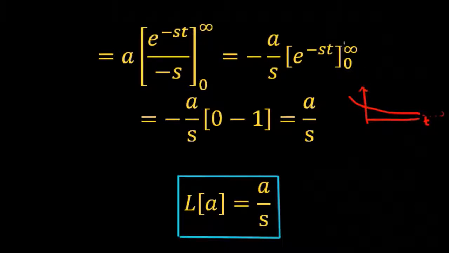And as t tends towards 0, e to the minus st tends towards e to the 0, and e to the power of 0 is just equal to 1. So we get minus a upon s times 0 minus 1. The minus and minus make a plus, so we get a upon s. So the final answer is the Laplace transform of a constant a is equal to a upon s.